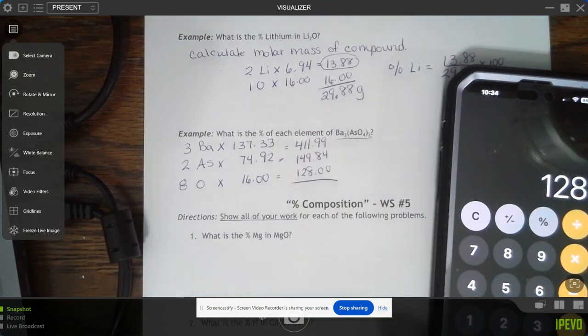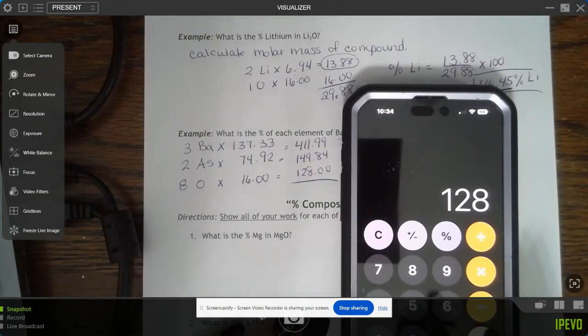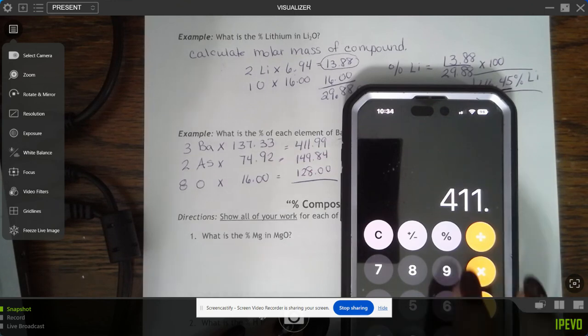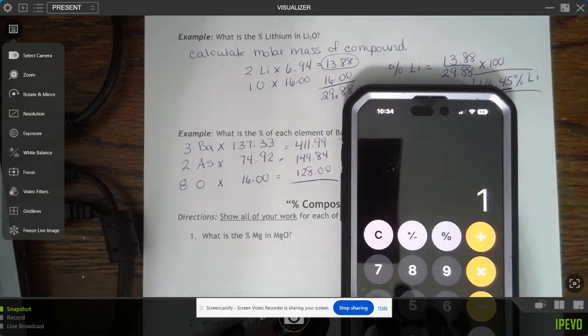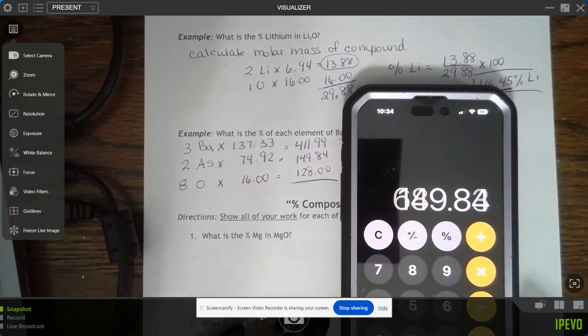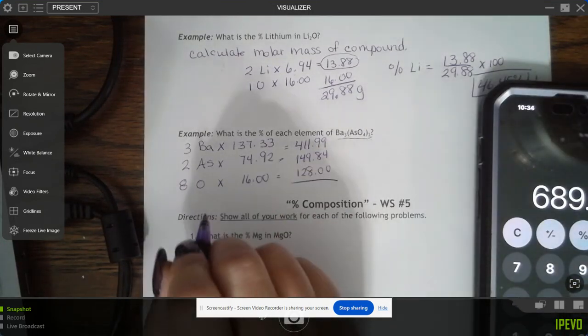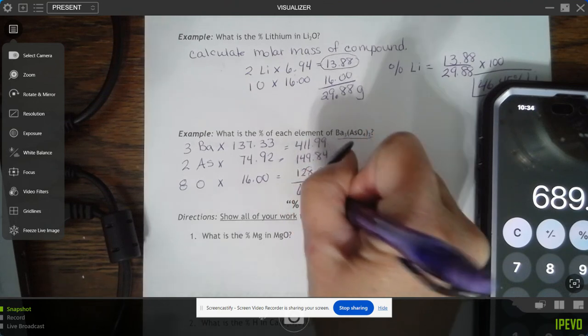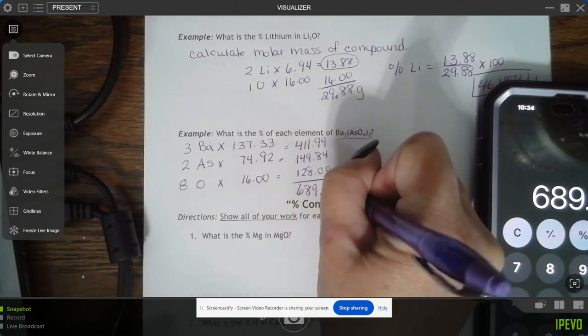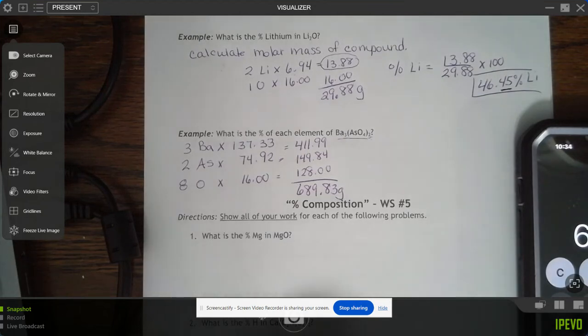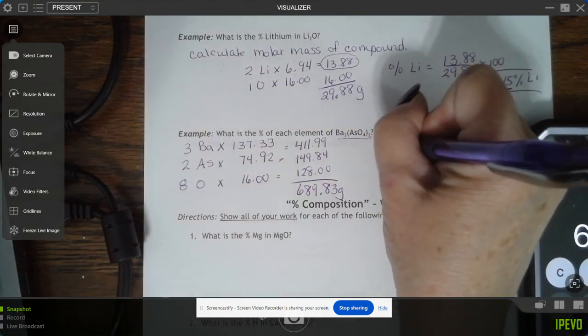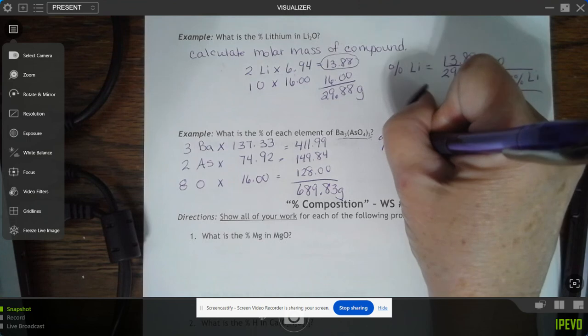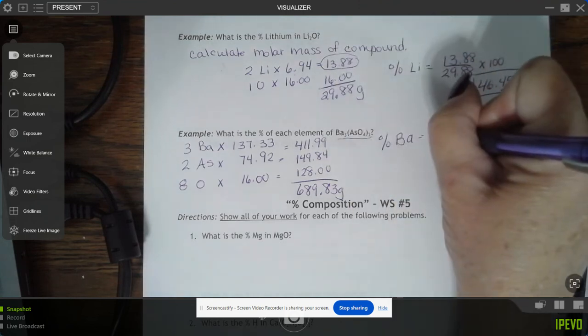So I'm going to add all of those together. And I get a molar mass of 689.83 grams.